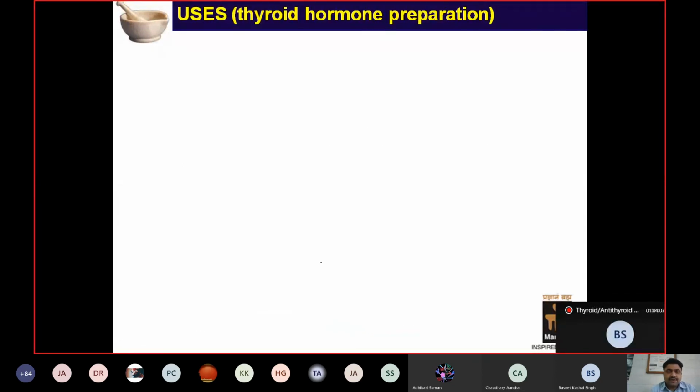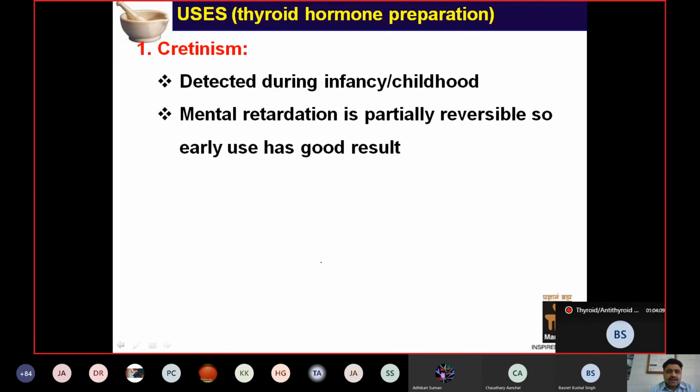Uses of thyroid hormone, what are the uses? We use it in cretinism, that means in deficiency of the thyroid hormone, especially in infancy and childhood. And remember, in cretinism growth is suppressed. Not only that, there will be mental retardation also, which is partially reversible.